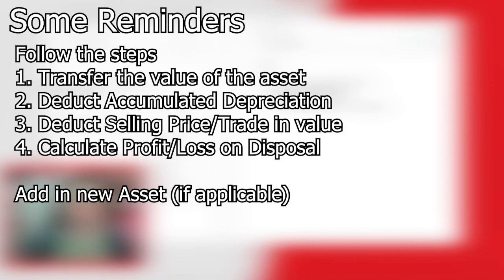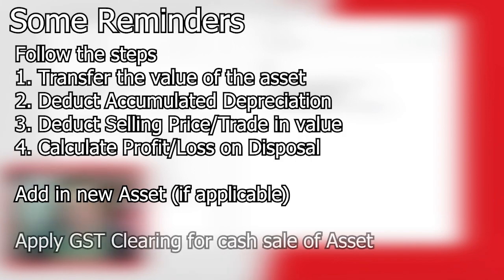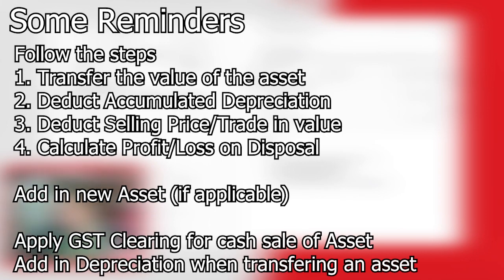Other things I want you to remember: GST clearing must be added in. Please remember to add GST in. It will make your life so much easier. It's now a requirement. You need to be aware of that impact, but only on cash transactions. Again, this example was a post-adjusted trial balance. Please remember that. So there is a chance you will need to do a depreciation first. So make sure you get all the depreciation up to scratch and then trade it in. Just remember to do that as well.